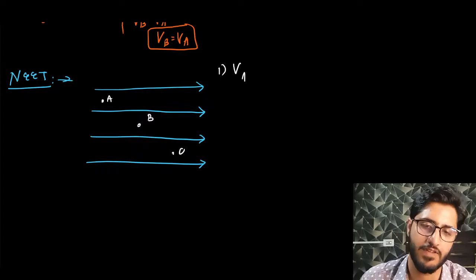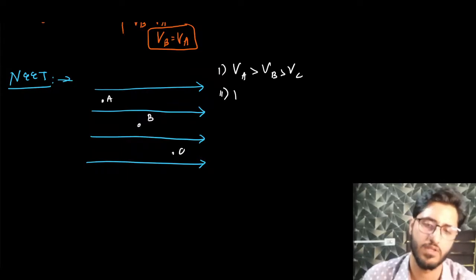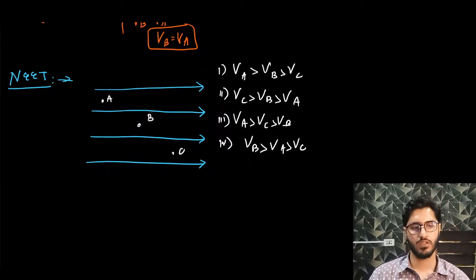First option: VA is more than VB, more than VC. Second: VC more than VB, more than VA. Third: VA more than VC, more than VB. And fourth: VB more than VA, more than VC. How to solve it?